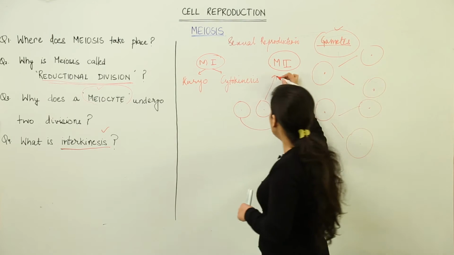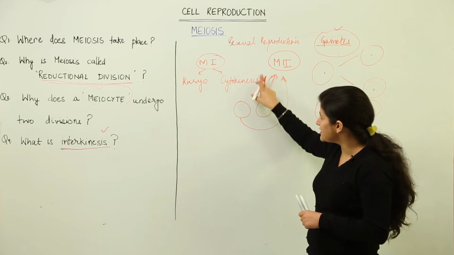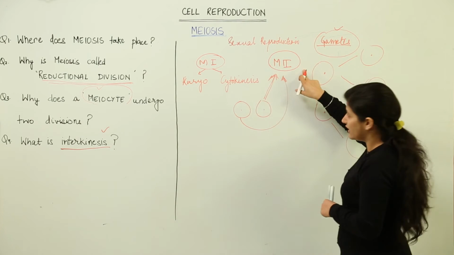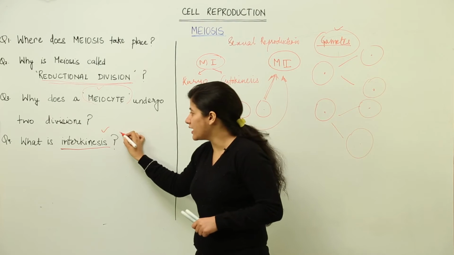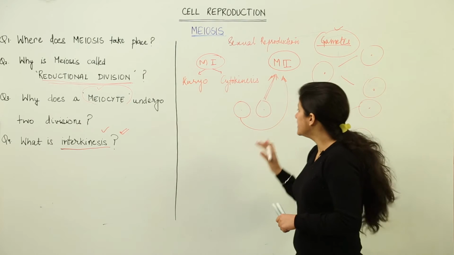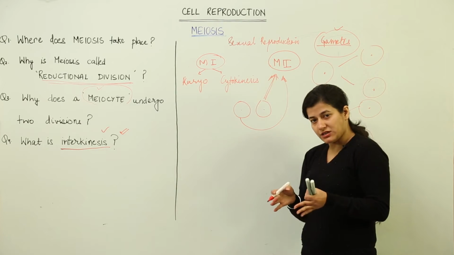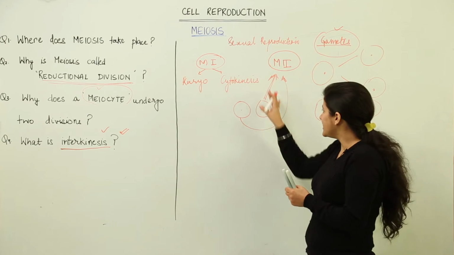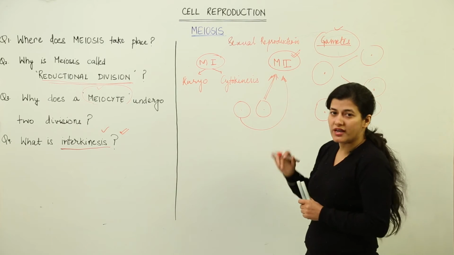So the time or the phase that lies between the cytokinesis of meiosis 1 and the karyokinesis of meiosis 2 is known as interkinesis. Alright, so to put it in simple terms, there is meiosis 1. When it gets completed, the time during which the cell stays before it gets into meiosis 2 would be known as interkinesis.